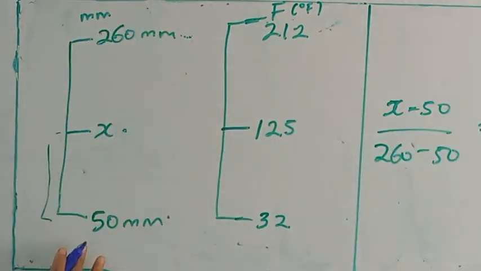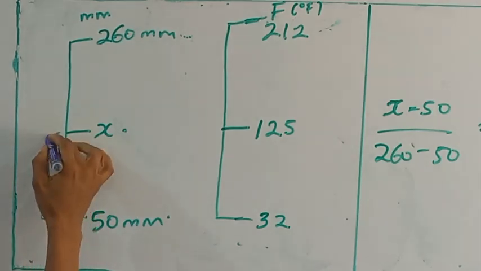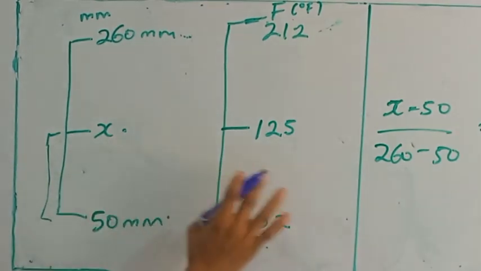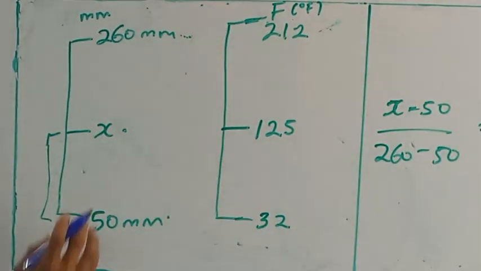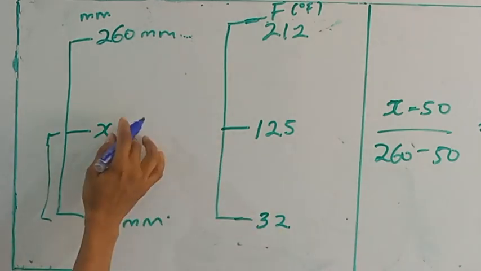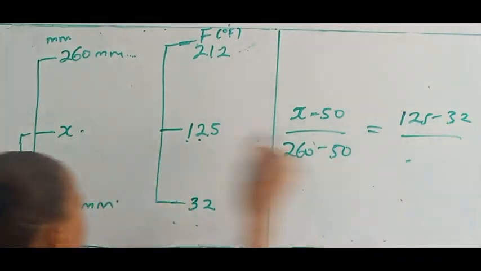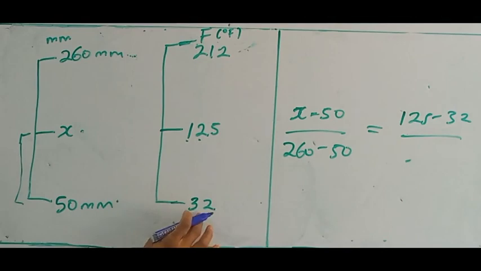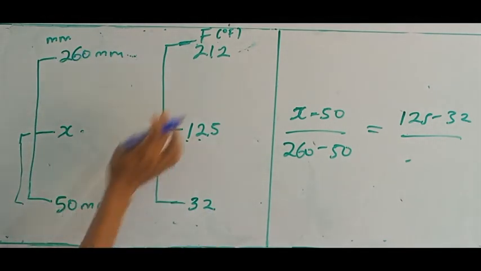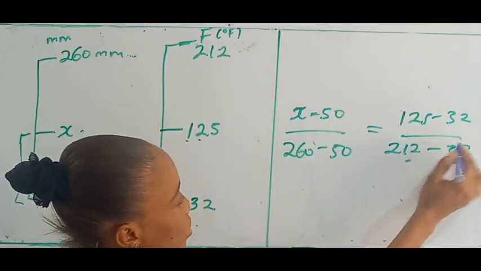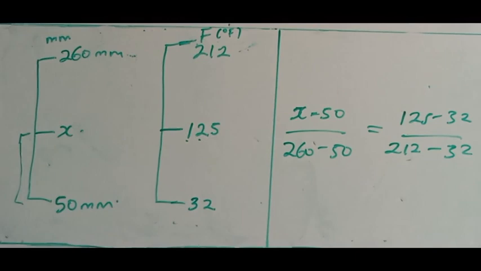That is for this scale. Now repeat the same thing for the Fahrenheit scale. It is equal to 125 minus 32 over 212 minus 32, because you can solve this problem by comparing this with this. This is how to solve this problem.